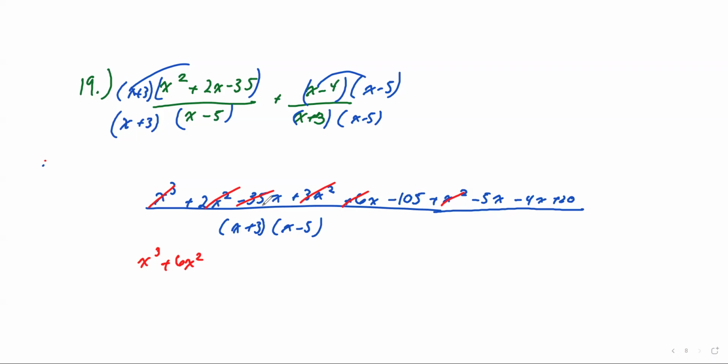So, okay, we had negative 35, negative 29, negative 34, negative 38 x. Negative 105 plus 20 would be negative 85. And obviously leave the bottom as is. So it'd be x plus 3, x minus 5.